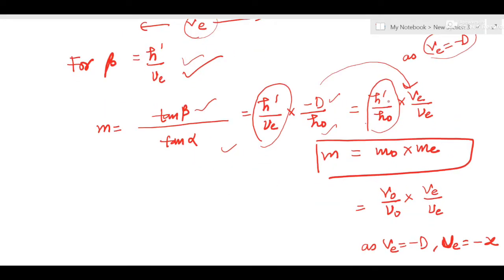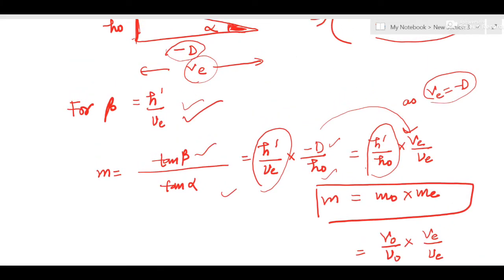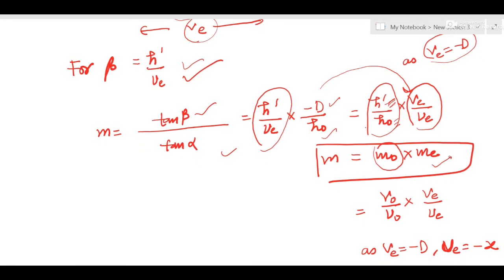Now this is height of image, this is height of object. So this is magnification for the objective lens, and this is VE by UE. V by U for a lens is the magnification formula. This is for the eyepiece. So this is an important formula that we are ready with. The net magnification is the product of magnification by the objective and magnification by the eyepiece.